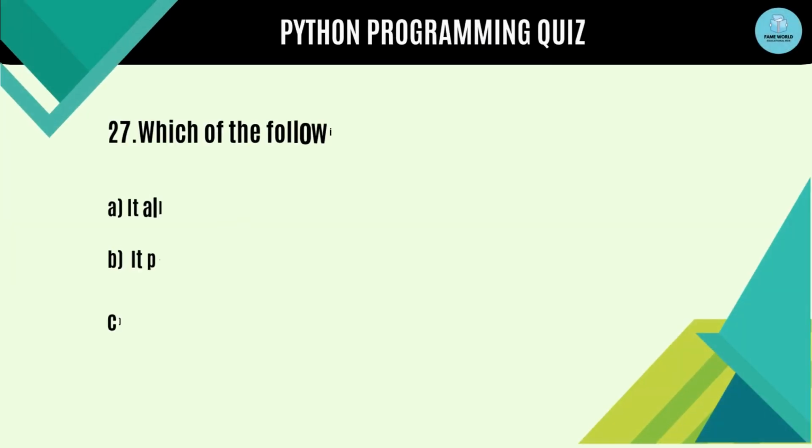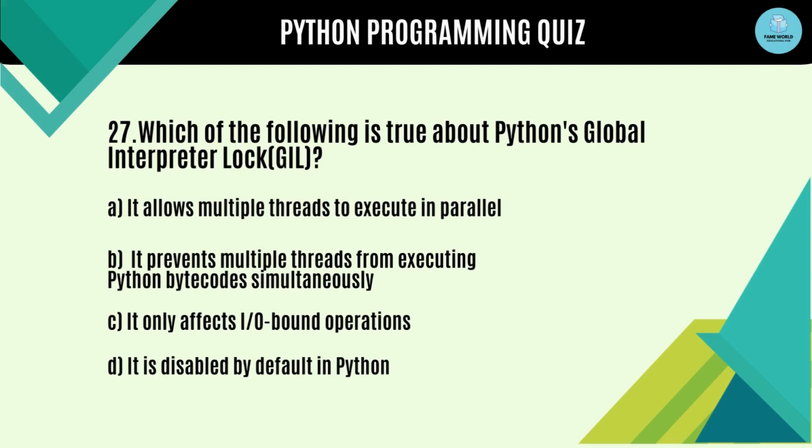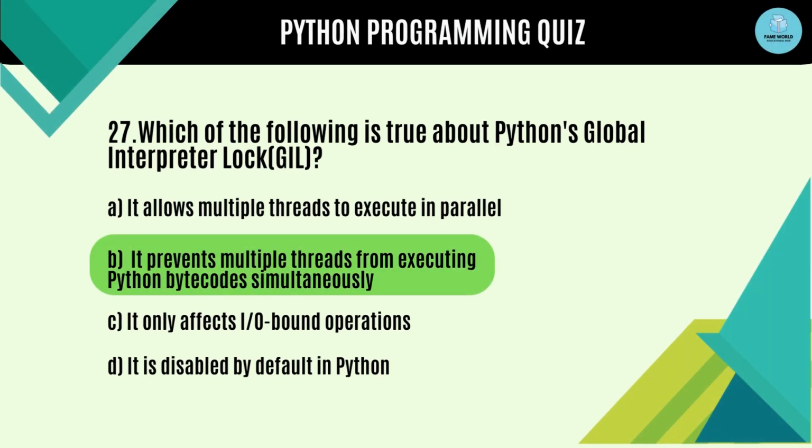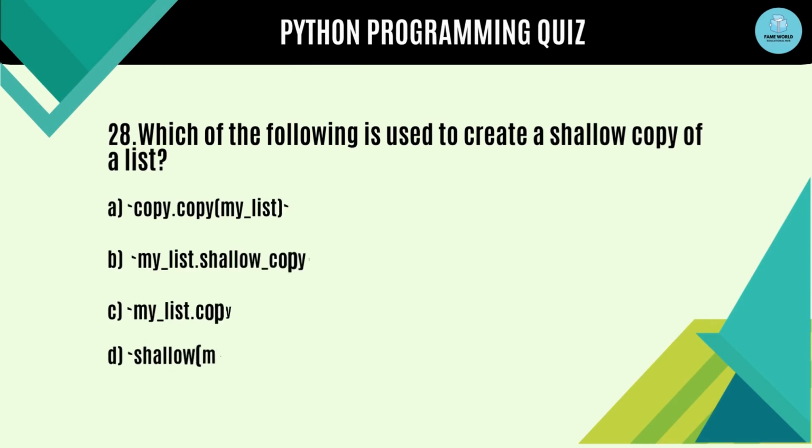Which of the following is true about Python's Global Interpreter Lock (GIL)? Which of the following is used to create a shallow copy of a list?